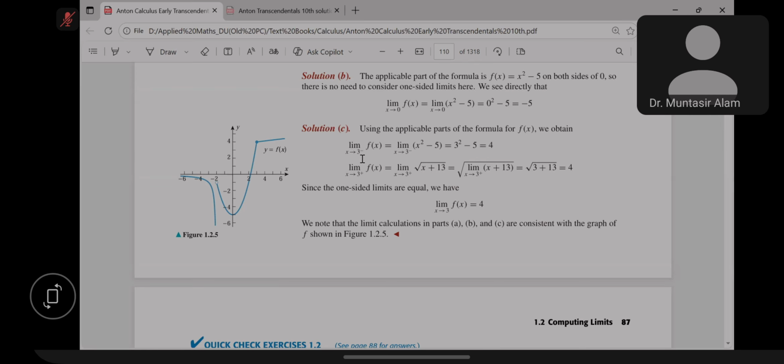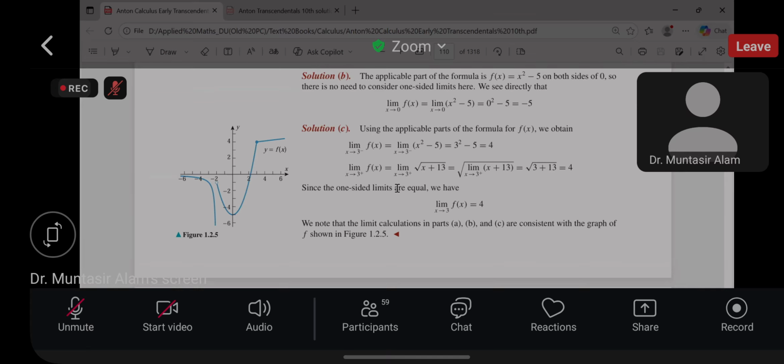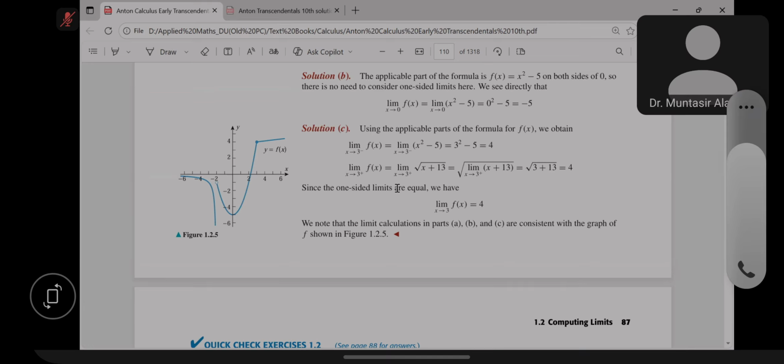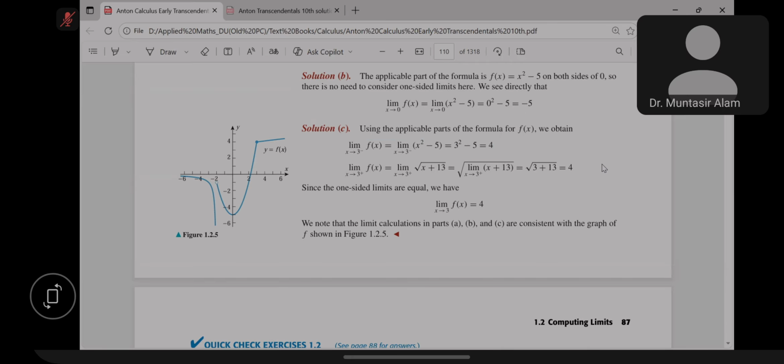Which function should we use to calculate the right hand limit and the left hand limit as x approaches 3? This part, the first part, is indicating the left hand limit as x approaches 3. Is that clear to all of you?